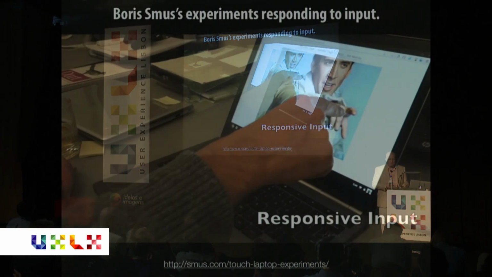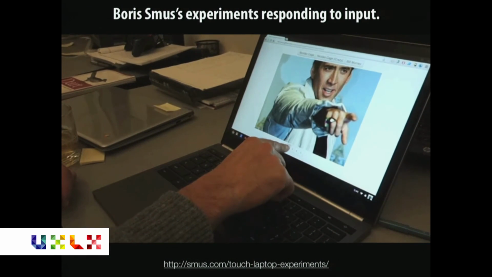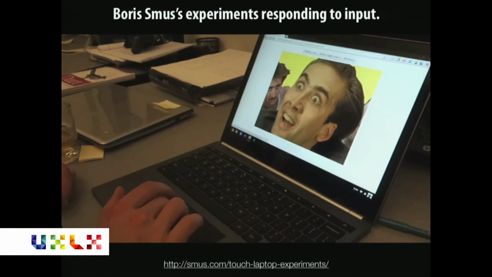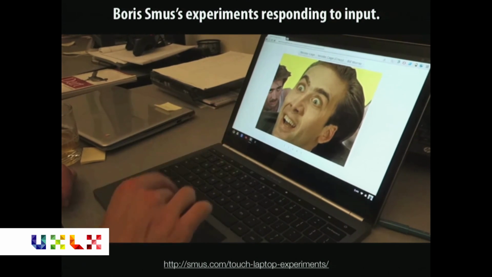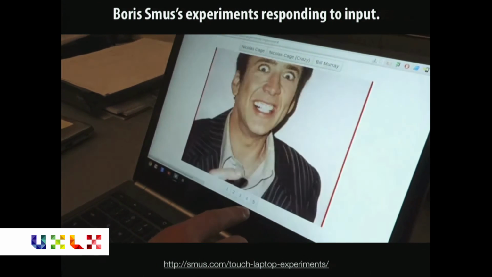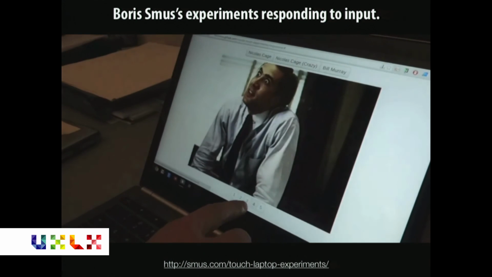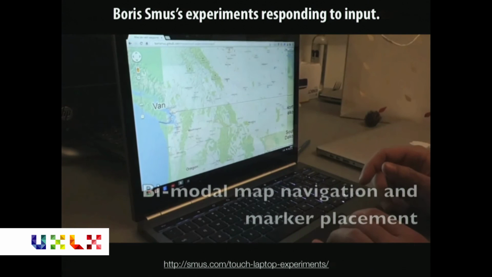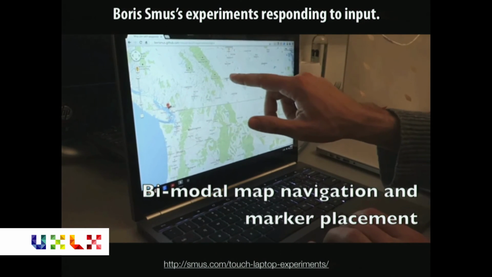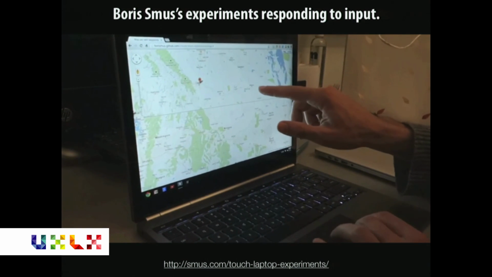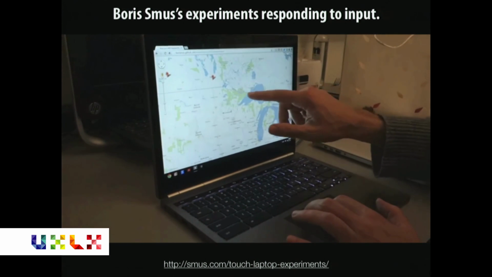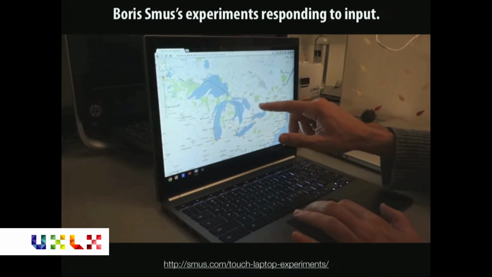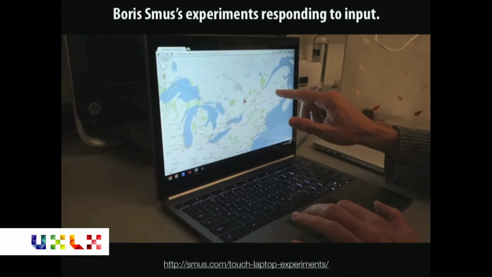This experiment shows switching between mouse and touch mode on a touchscreen laptop. When I use the touchscreen, the buttons get bigger. When I switch to mouse, they get smaller. This experiment shows adding markers to a map via the touchscreen and navigating the map by panning and zooming using the trackpad.